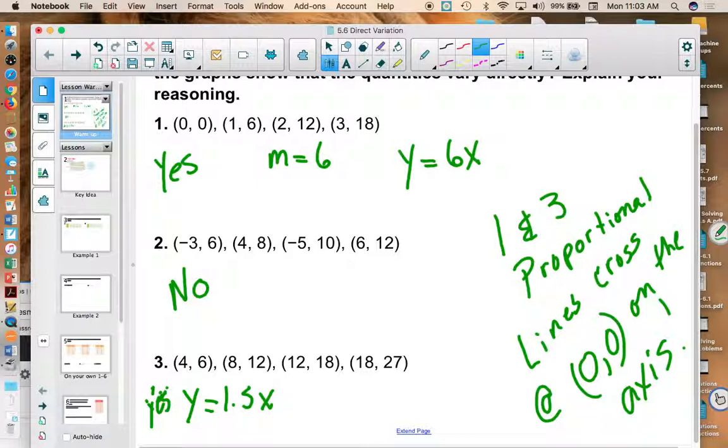So what that's saying is that 1.5 is multiplied by every one of those. The fact that they skipped from 12 to 18 doesn't really matter, okay? The fact that their slope is a consistent rate of change, that's what makes that proportional, okay?